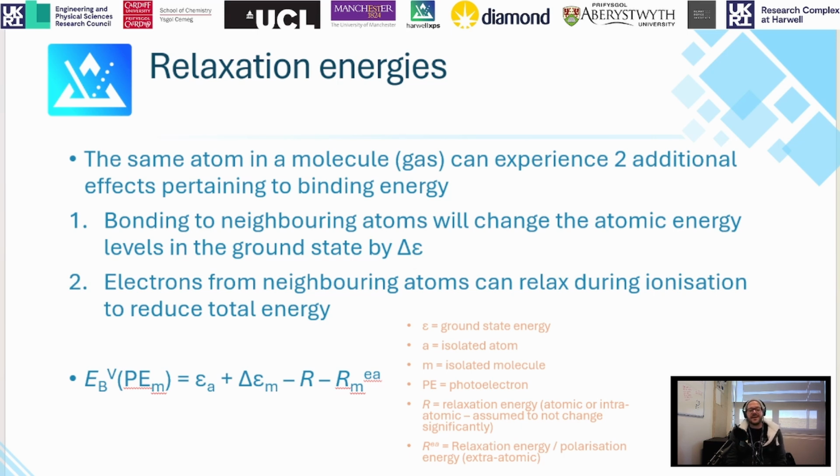So this delta epsilon m, minus the relaxation energy from the atomic or intra-atomic processes, which is generally not expected to change too much when going from an atom to a molecule, minus again the extra-atomic relaxation energies, sometimes also called polarization energies, of going from an atom to a molecule.